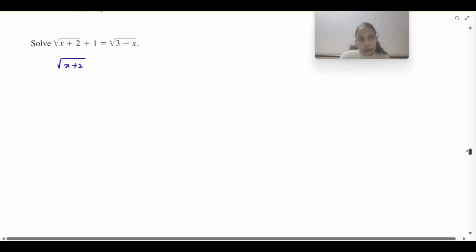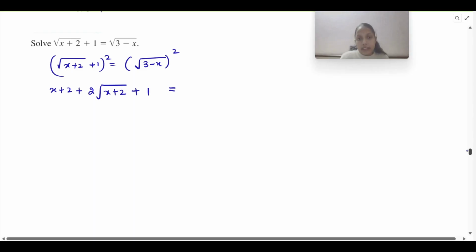Square root of x plus 2, plus 1, whole square equals square root of 3 minus x, whole square. Open it using the formula of a plus b whole square: a square plus 2 times a times b plus b square.